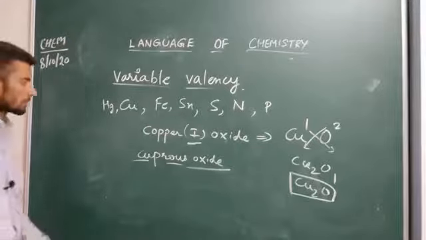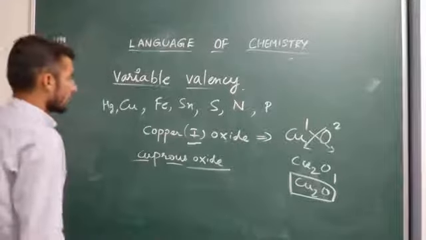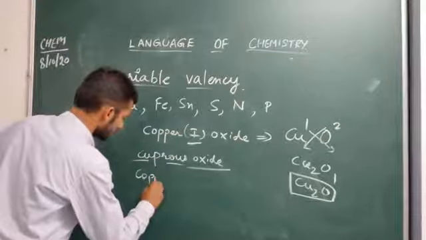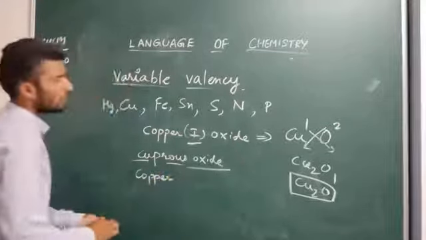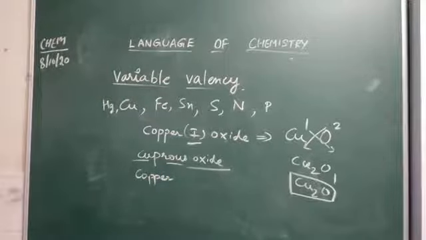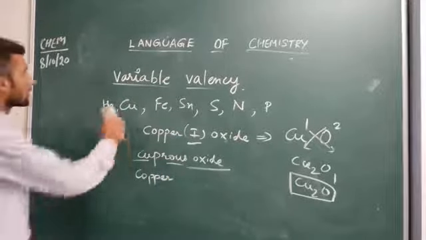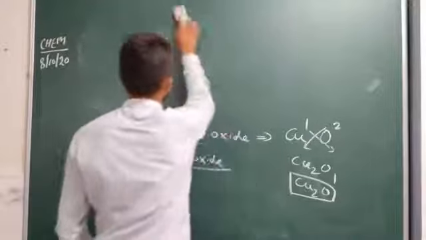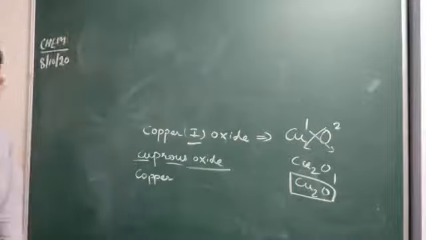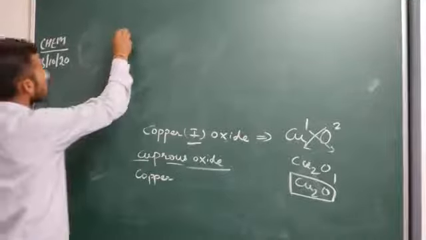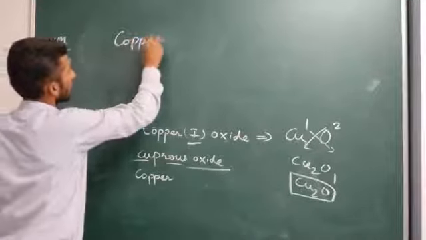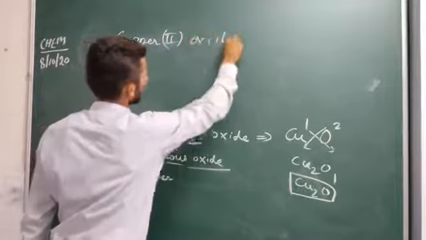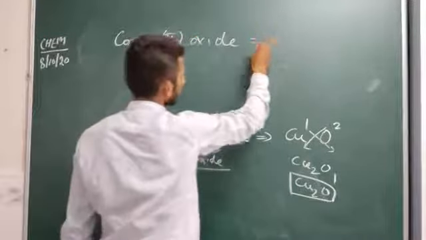Clear? After that we have copper 2 oxide. Does copper 2 oxide have the same formula or a different formula? Definitely it will have a different formula, because now 2 is written here.